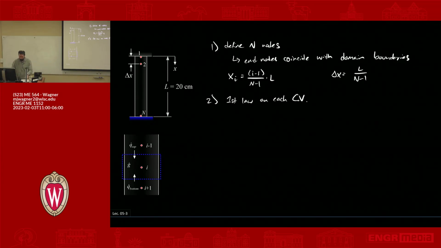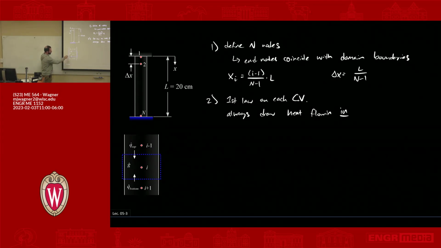We need to take inventory of all the stuff that's first law related. So again, this is a little hard to see, but let me just make this note. We're always going to draw heat flowing in, right? So what I'm saying is you have heat flowing from the top into this node. You potentially have heat flowing from the bottom into this node.